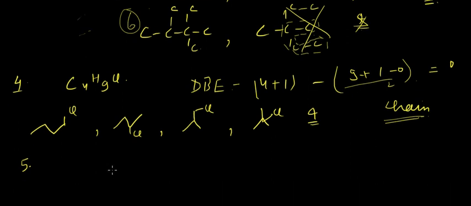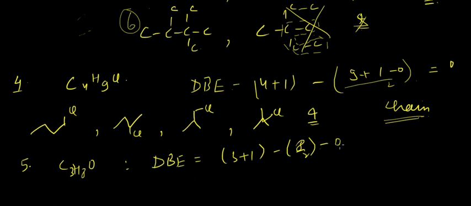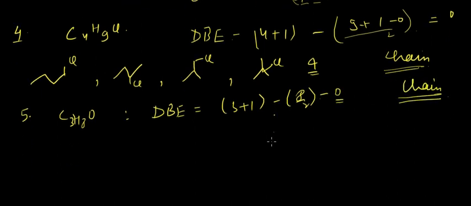Let's talk about this case, C3H8O. Let's calculate the DBE. DBE is (3 plus 1 minus 8) by 2, which is 0. So only chain isomers are possible for this case also. So let's draw all the possible chain isomers. It can be OH here, OH here.